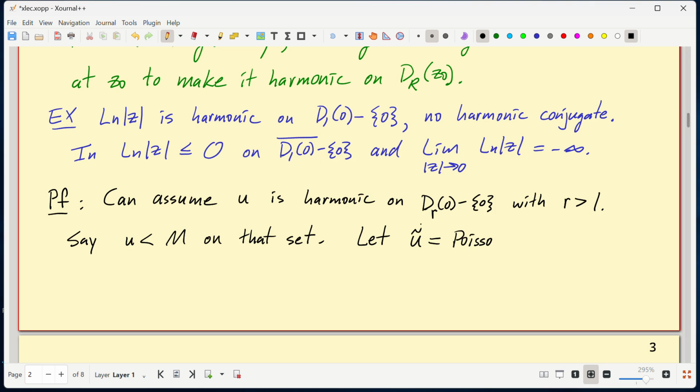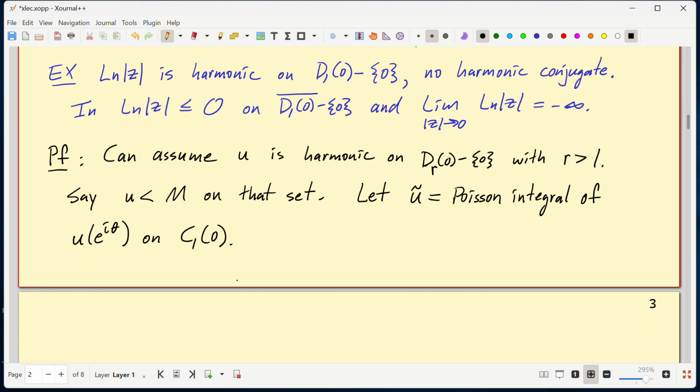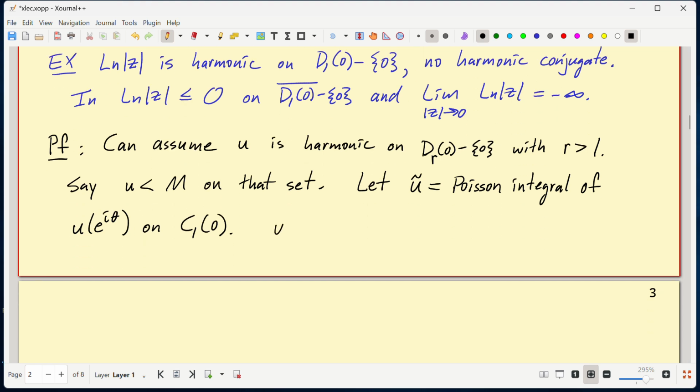Let u twiddle be the Poisson integral of u of e to the i theta on the unit circle. Okay, so that means that u twiddle equals u on the unit circle.